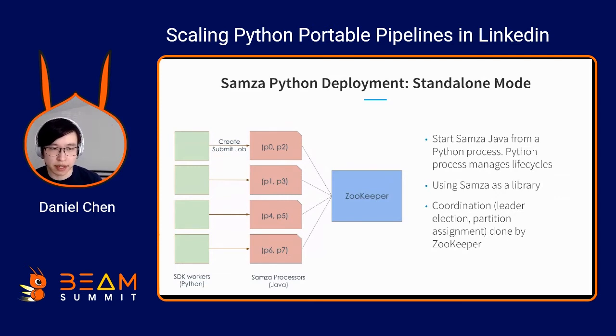This Python process is actually doing all the work to manage life cycles, and this inter-process communication becomes very important. The coordination is always done via Zookeeper, which is available out of the box from the Samza engine.